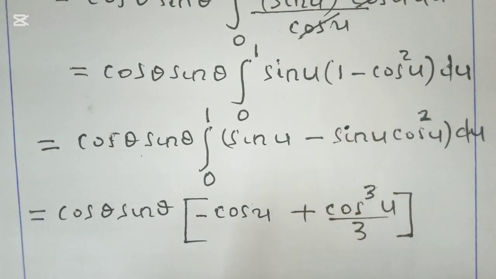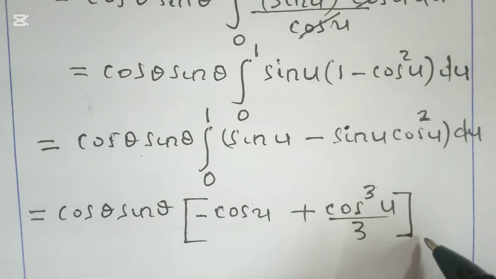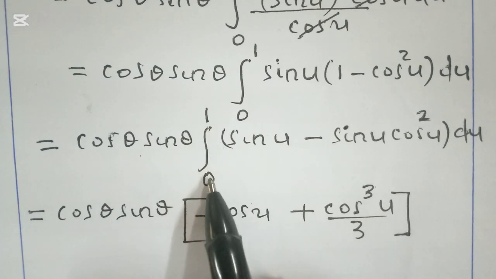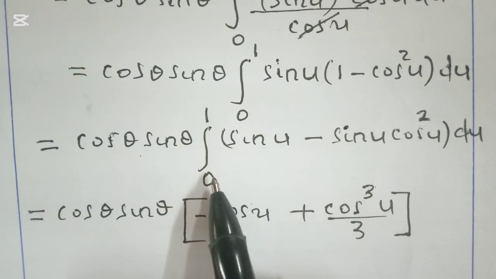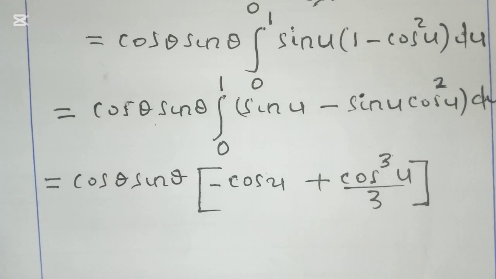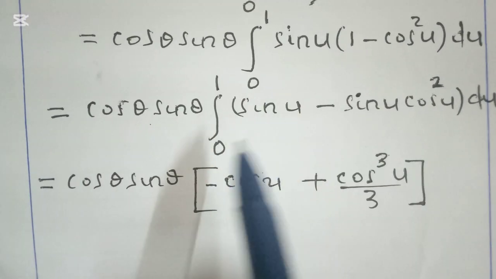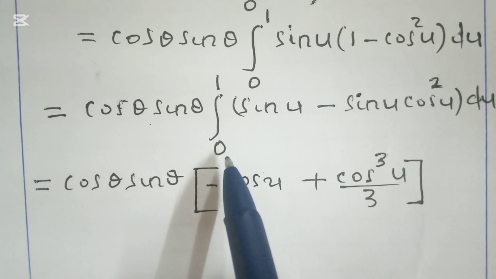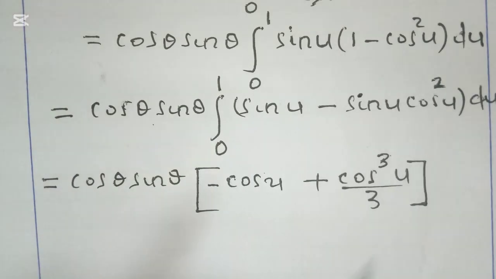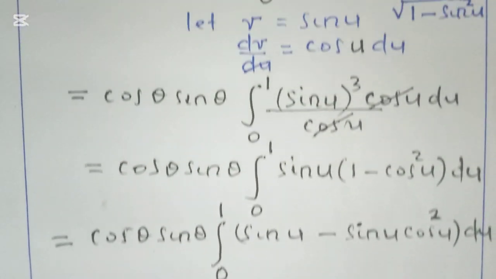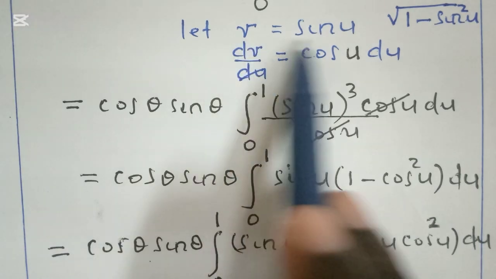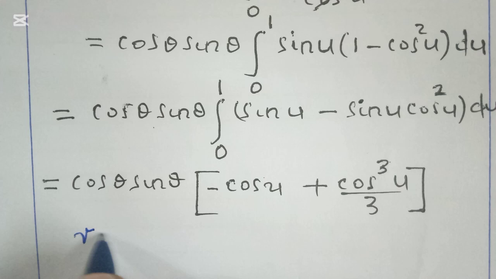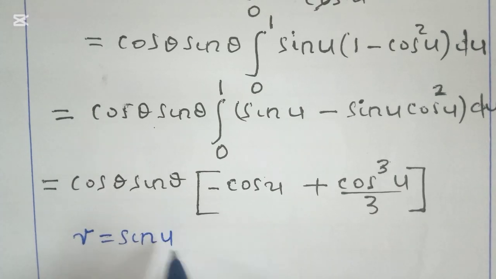Now this is going to be from 0 to 1, but this was for R, and so we can transform our limits from R to U. We come here and say again, R is equal to sine U. So we put here R equals sine U.